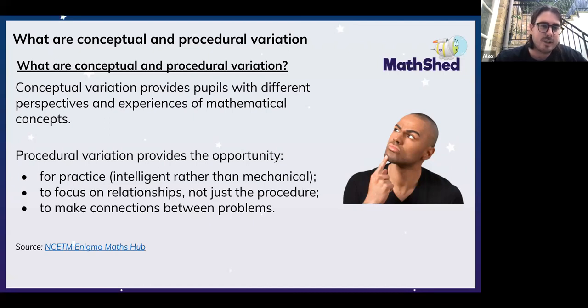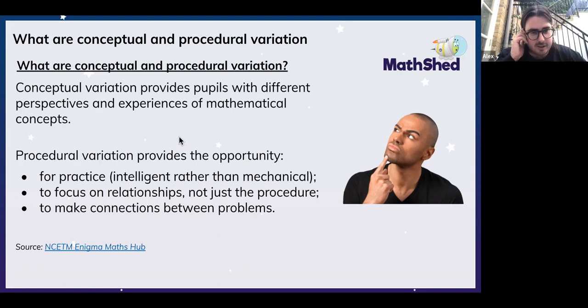That's a simple way to foster it in your classroom. Similarly, you could do that with pictorial representations, so you could use part whole models as well as bar models, or different kinds of bar models and part whole models. That's a way to build in conceptual variation from the start.